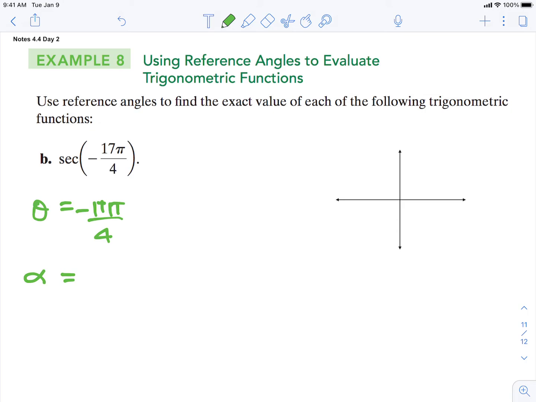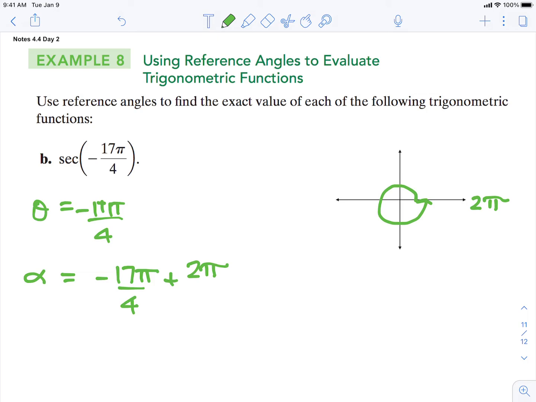So I'm going to take 2 pi, thinking of that as a full revolution, and start undoing it. So you can take negative 17 pi over 4 and add a revolution.